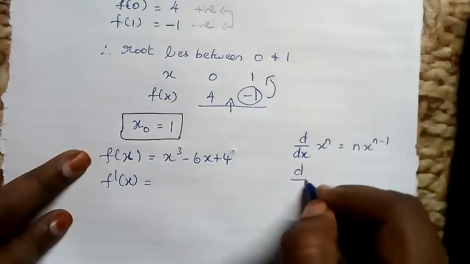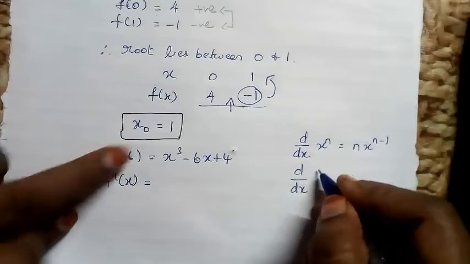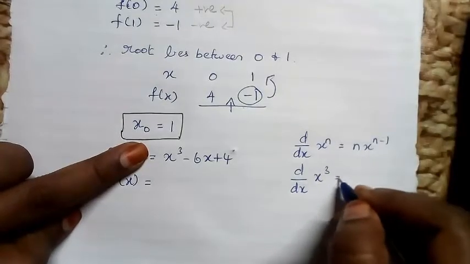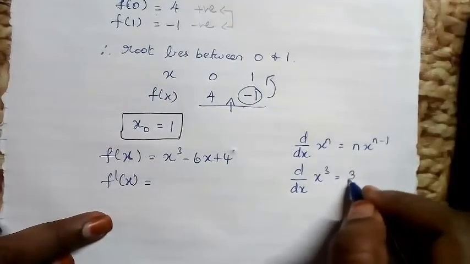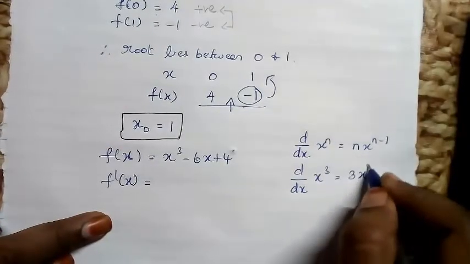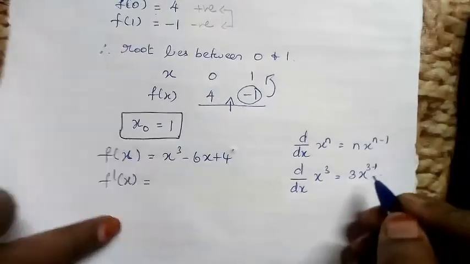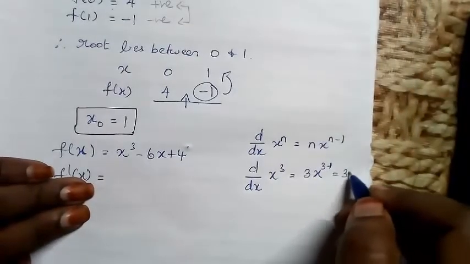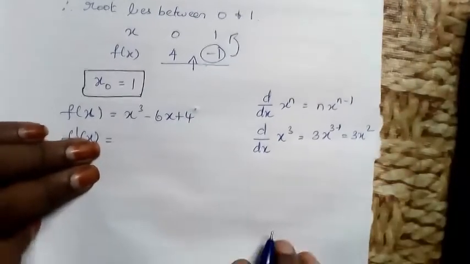Here for x cube, n is 3, so 3 into x power 3 minus 1, which is 3x square.